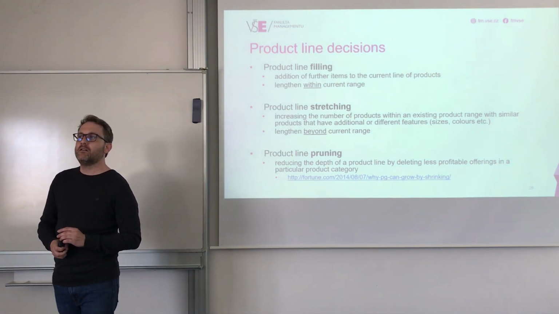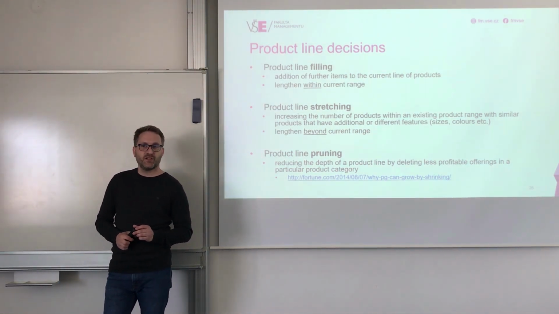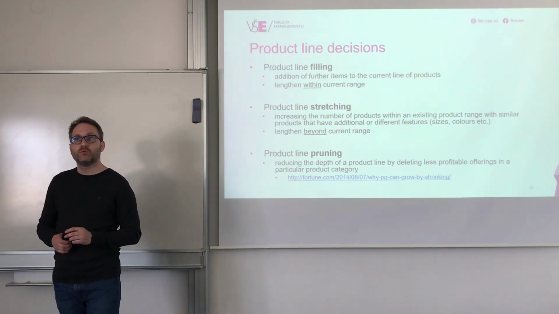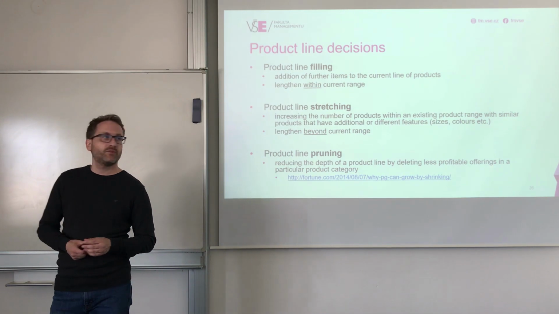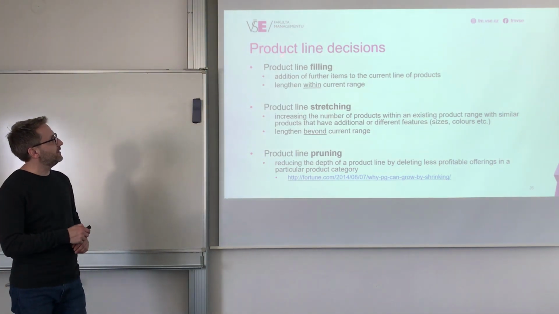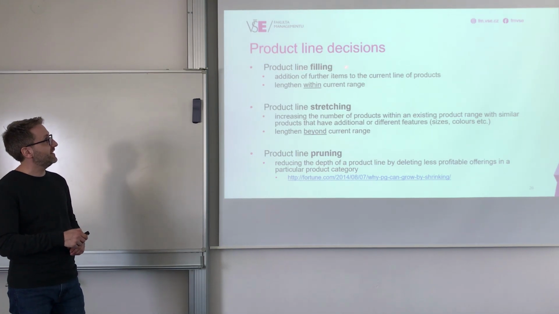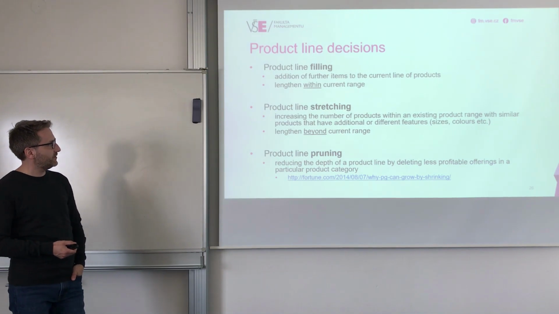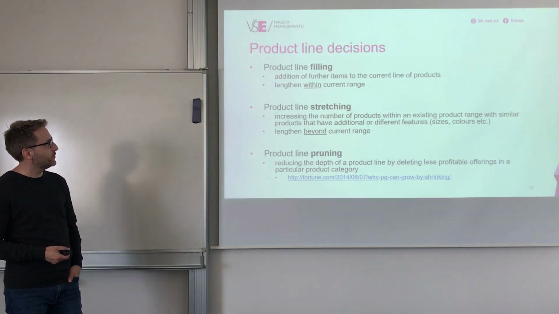If you are a company producing any type of products, or you are just a businessman providing some type of service, you can have at least 3 kinds of decision. You can do the product line filling, which is like addition of some further items to the current line of products.